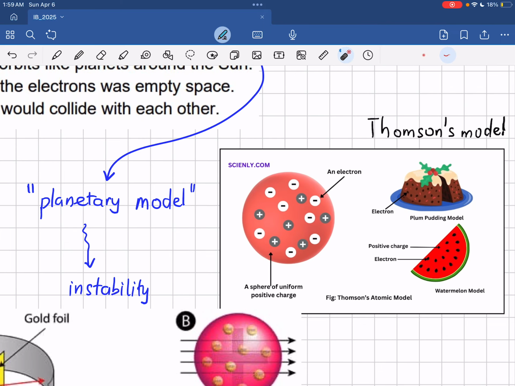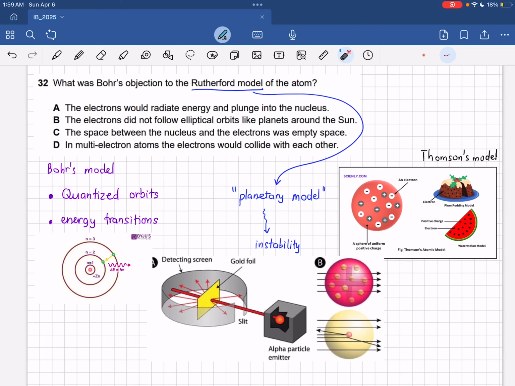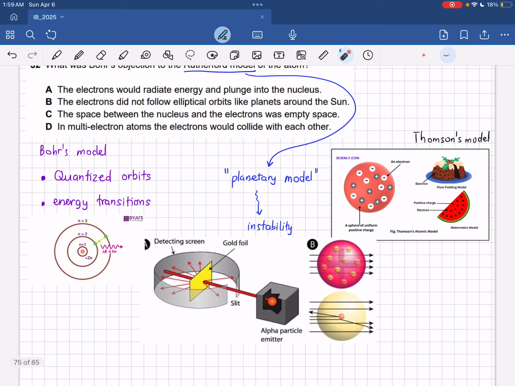So what happened when Rutherford in his lab shot alpha particles, which later we know are helium nuclei, with 2 protons and 2 neutrons making 4 nucleons? The alpha has a positive charge, and he shot it from an alpha particle emitter into a gold foil.